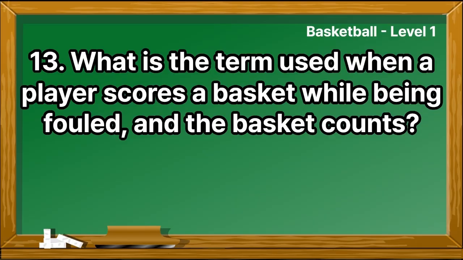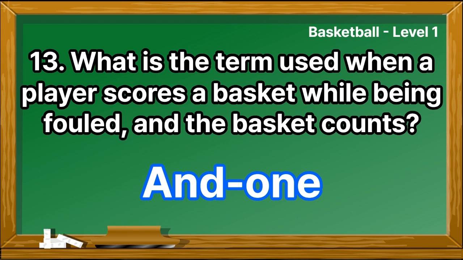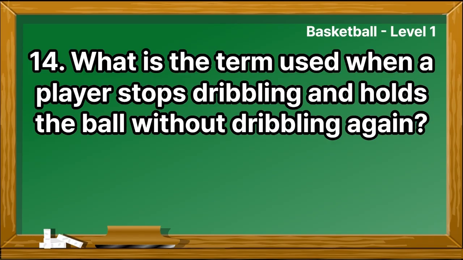What is the term used when a player scores a basket while being fouled, and the basket counts? And one. What is the term used when a player stops dribbling and holds the ball without dribbling again?